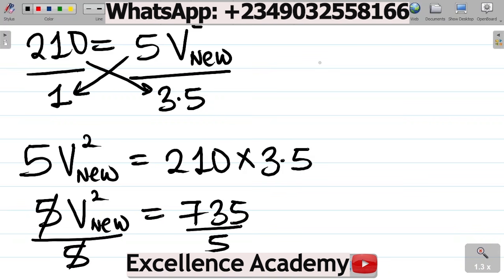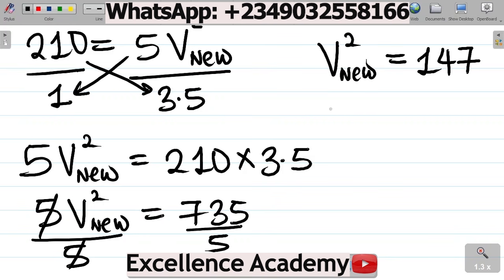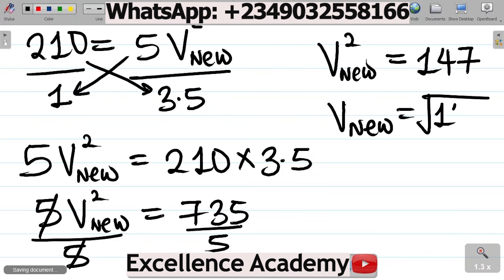This cancels this. So v new all squared is equal to 735 divided by 5. That's 147. To get v new, the new velocity which we're asked to find, it will be equal to the square root of 147.